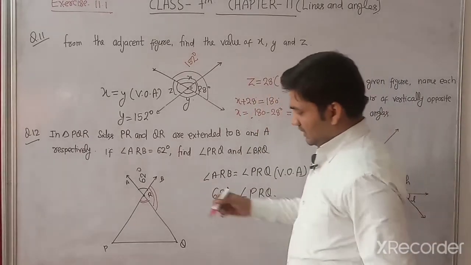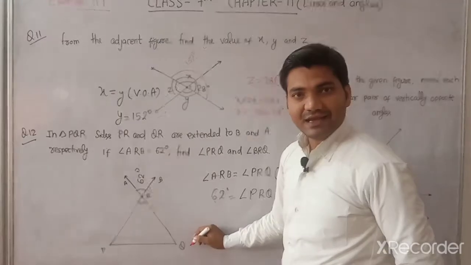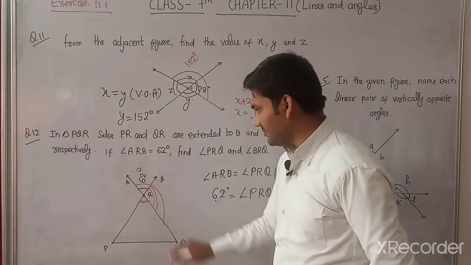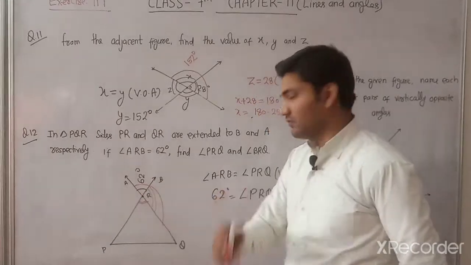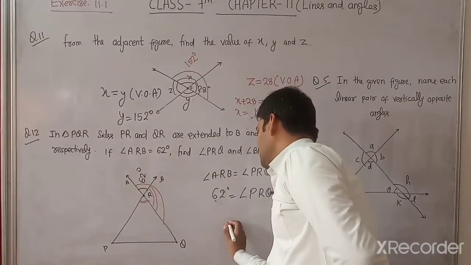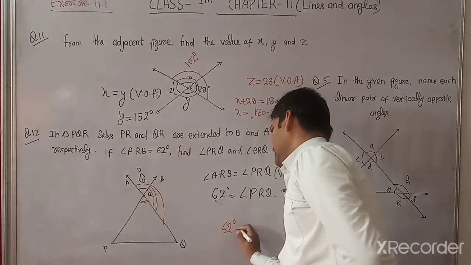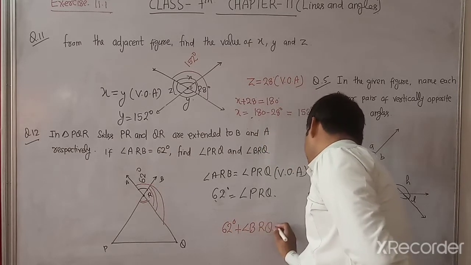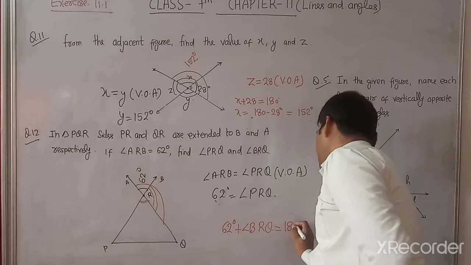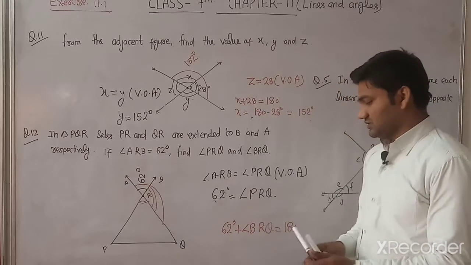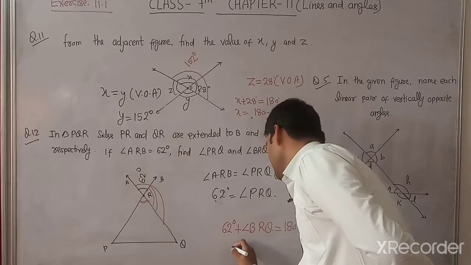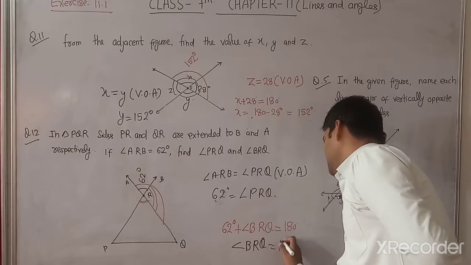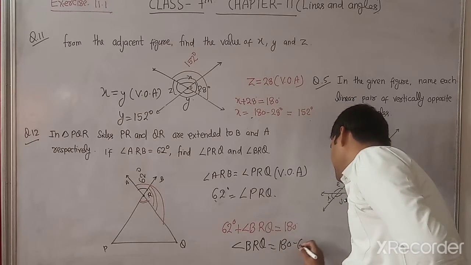AQ is a straight line. Then by the linear pair, the sum of the angles is equal to 180 degrees. It means 62 degrees plus angle BRQ is equal to 180 degrees. So angle BRQ is equal to 180 minus 62 degrees.